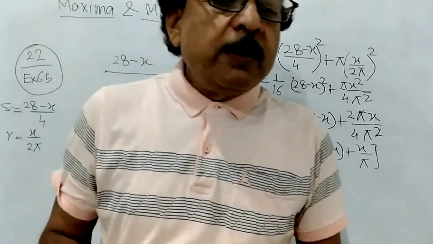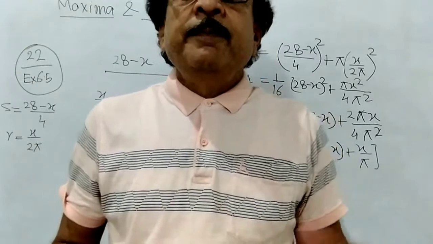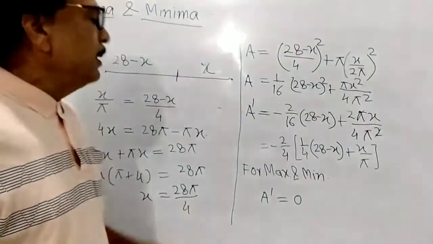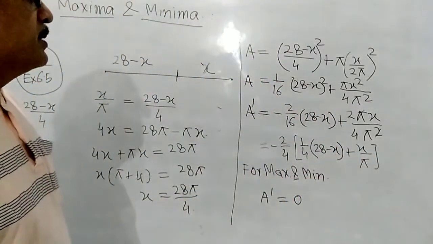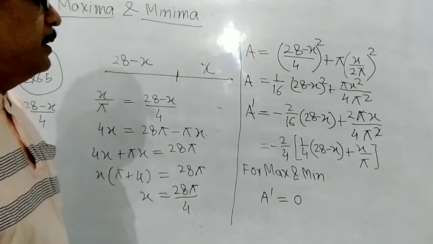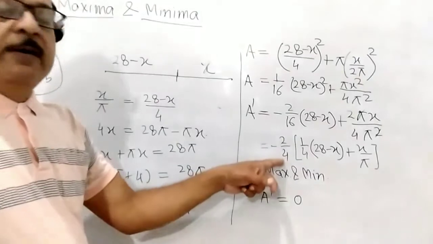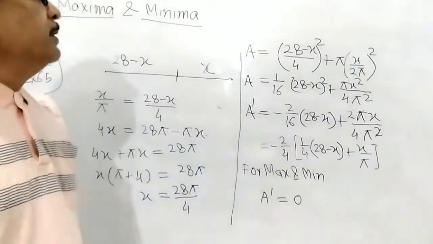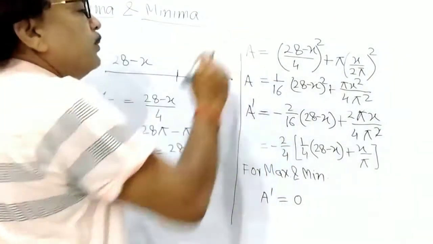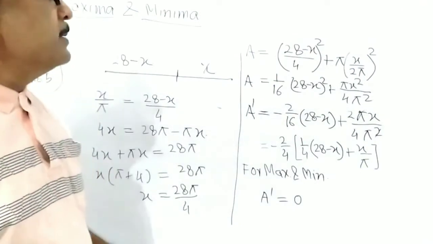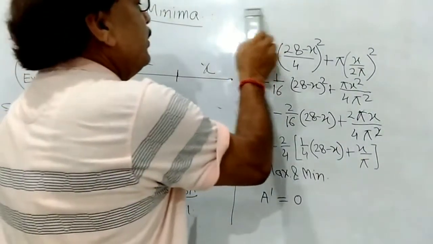So at this the combined area will be minimum. So how the combined area will be minimum? So we can find the second derivative test. The combined area will be minimum. Our A dash is this. From A dash, here you write the A dash in this place.